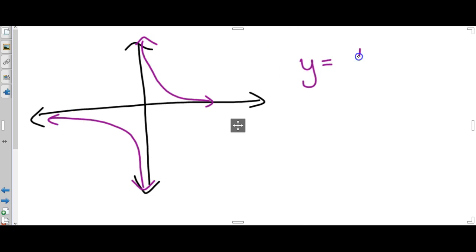So y equals 1 over x is the most basic rational function you can get. And I didn't do the best drawing, but it's kind of this curved shape in the first quadrant and this curved shape in the third quadrant. But the asymptotes still stay the same. Neither of them cross that asymptote, the horizontal asymptote or the vertical asymptote.